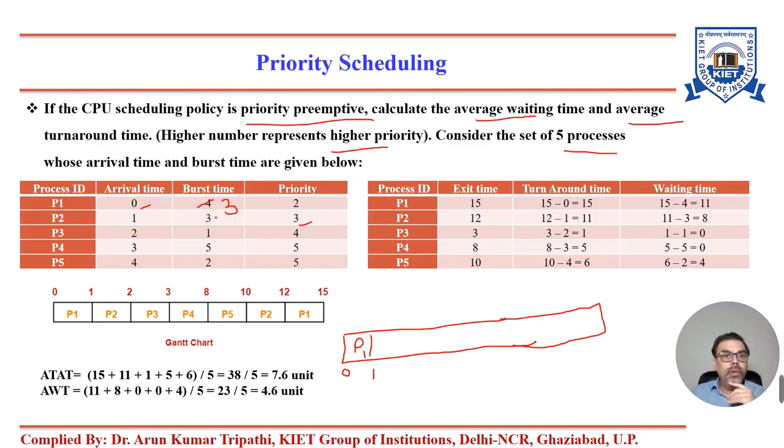P2 will execute for a second, because in the next second another process arrives at time 2.